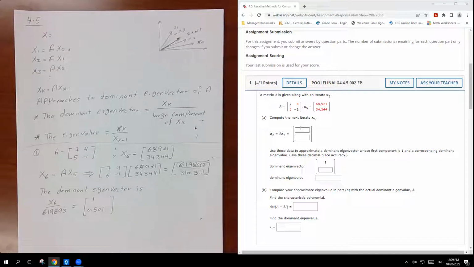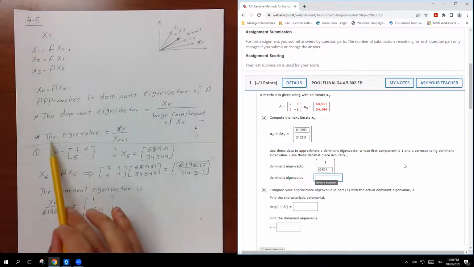So we're going to type here, first of all, x6, which is the number here, 619893, and the number here is 310311. And the dominant eigenvector is going to be 0.501, because here is 1. Now the dominant eigenvalue.